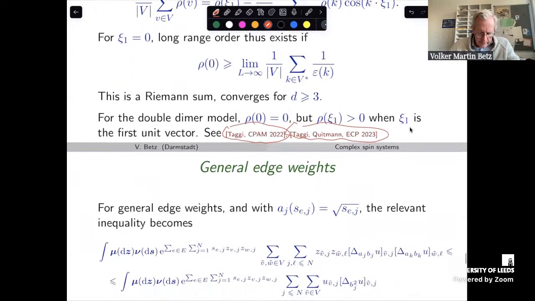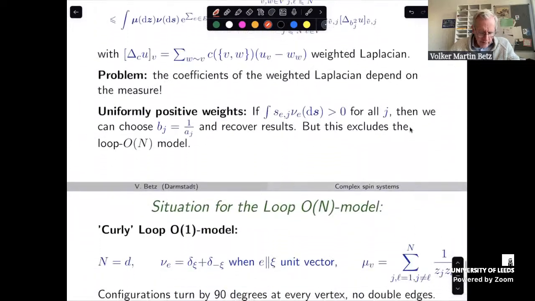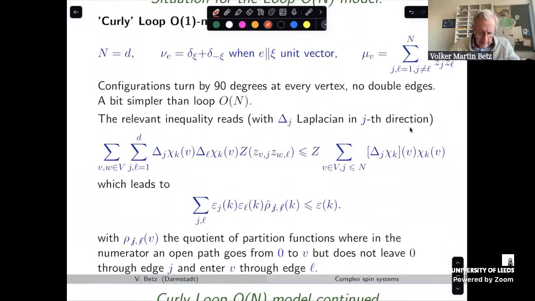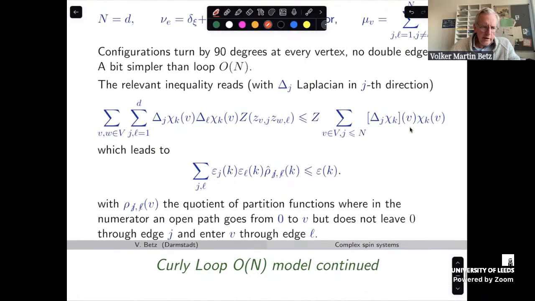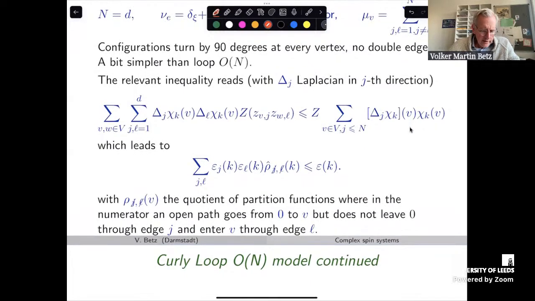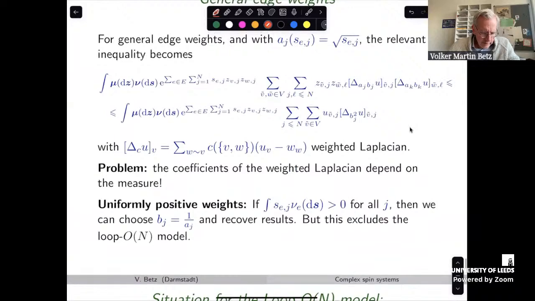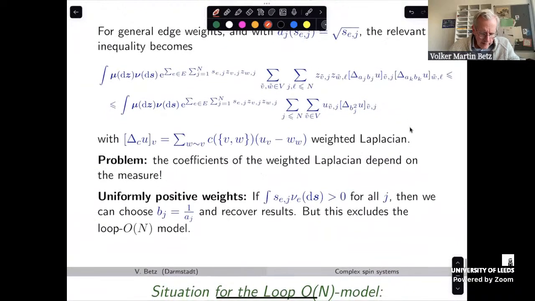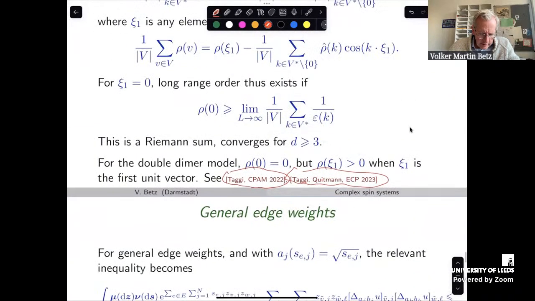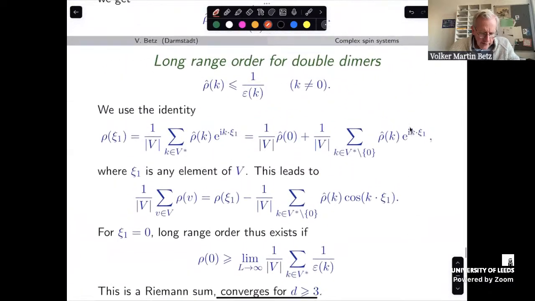The problem is that we cannot do the loop O(n) model. And the funny thing with the loop O(n) model, just for the people who've seen it before, is that usually you get something where the Laplace operator, there's a Fourier trick, and there's a Laplace operator on the left-hand side.